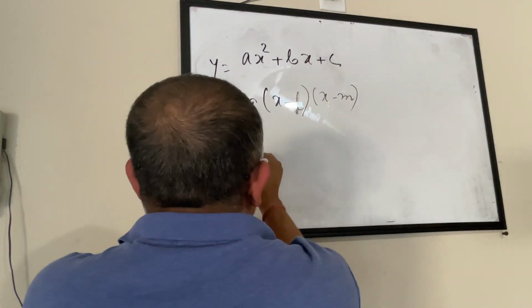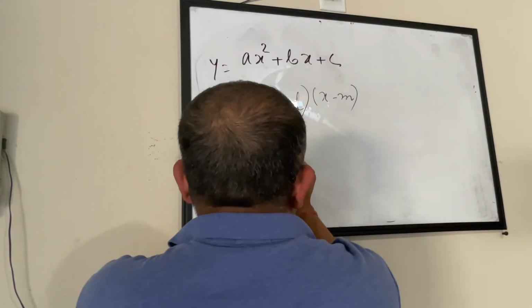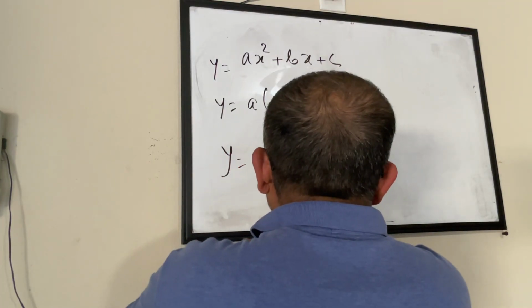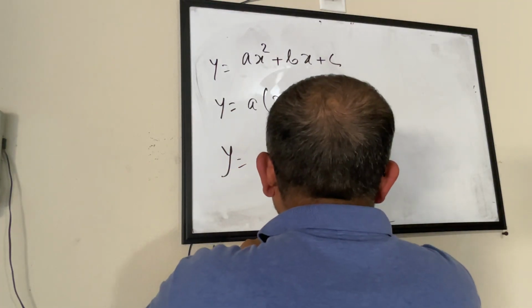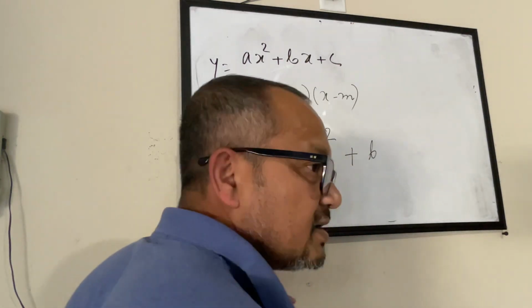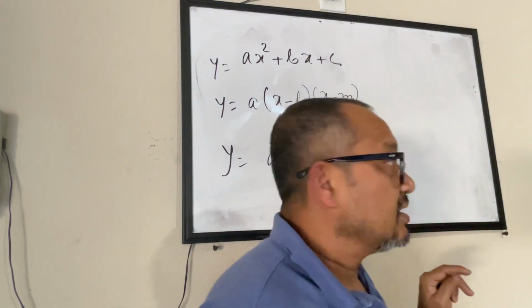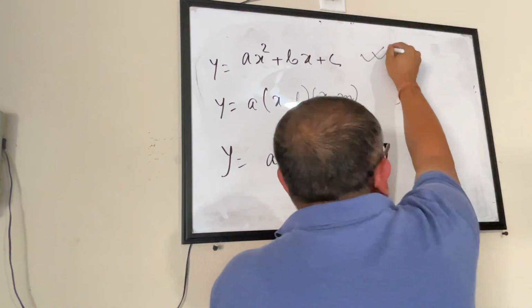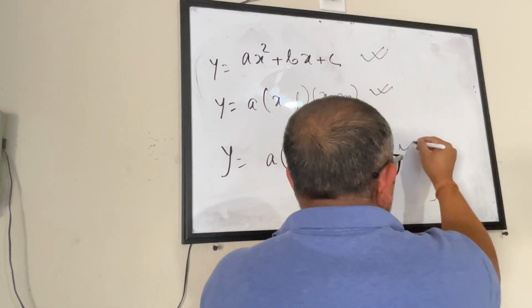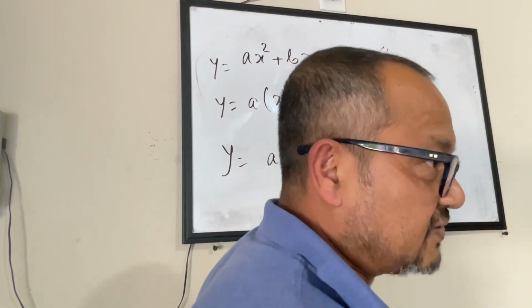And third form is y equals a times x minus k squared plus b. So this is called standard form, which we talked about. This is called factored form, and this is called vertex form.